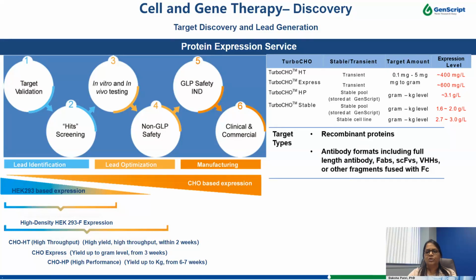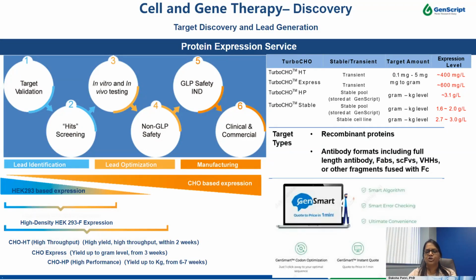Along with that, GenScript also provides free codon optimization tools which facilitate the gene sequencing to obtain the functional antibody through the TurboCHO platform.